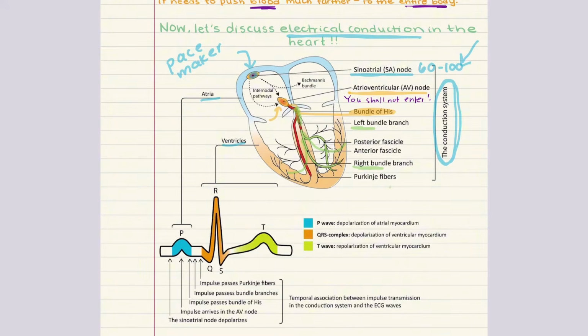Finally, the signal reaches the Purkinje fibers. They spread throughout the walls of both ventricles, and these fibers rapidly distribute the electrical impulse to the ventricular muscle cells. That triggers a strong and coordinated contraction that pumps blood out of the heart.